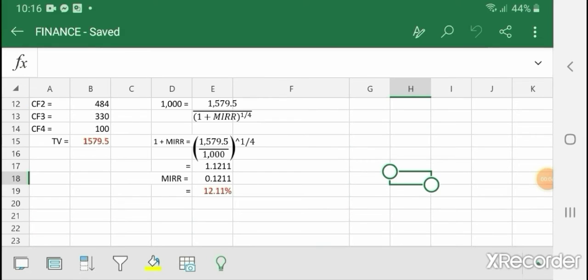Using algebraic manipulation, we get 1 plus MIRR equals 1,579.5 over 1,000 raised to the power of 1 over 4. So, the MIRR will be 0.1211. We will just turn this into a percentage, and the result will be 12.11%.